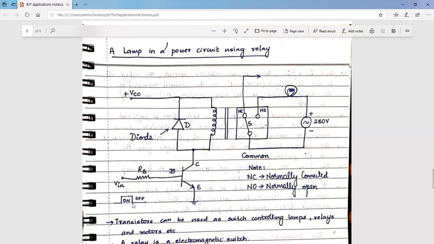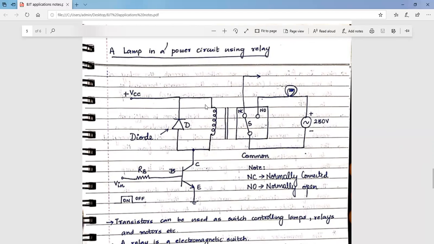That is 0 volts and plus 5 volts, right? So we are going to give input in one particular case, and when it is off, the input is equal to 0 volts.